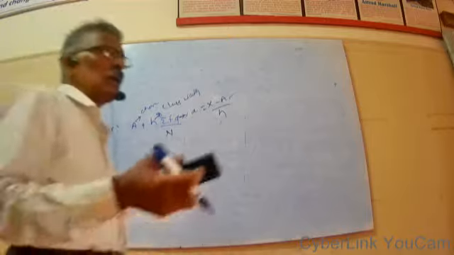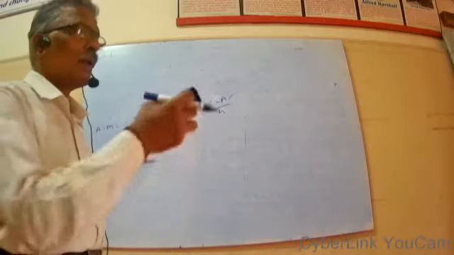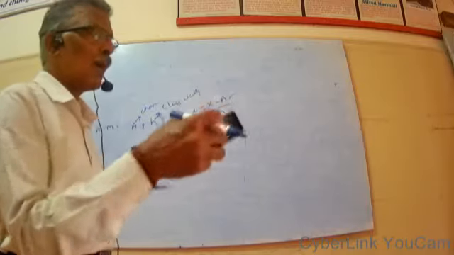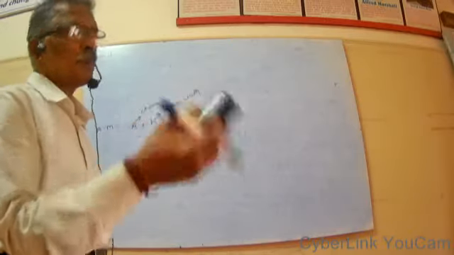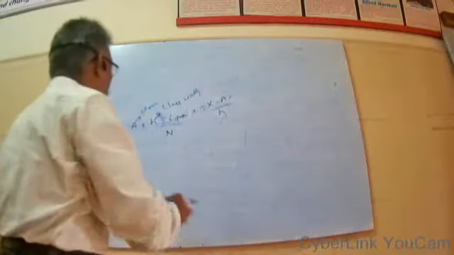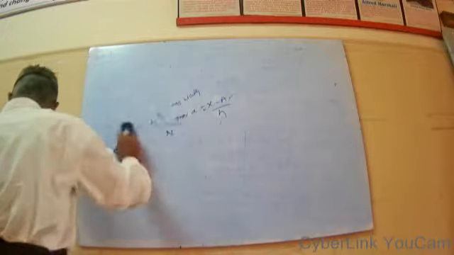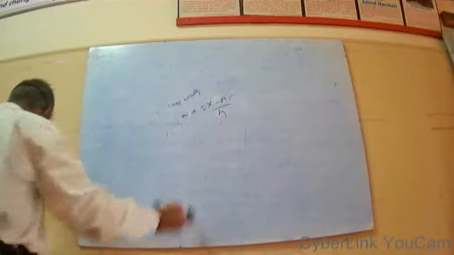The algebraic sign, positive or negative, is to be taken with the deviation. You take the difference between the observed values and the arbitrary value. It may be positive, negative, or sometimes 0.